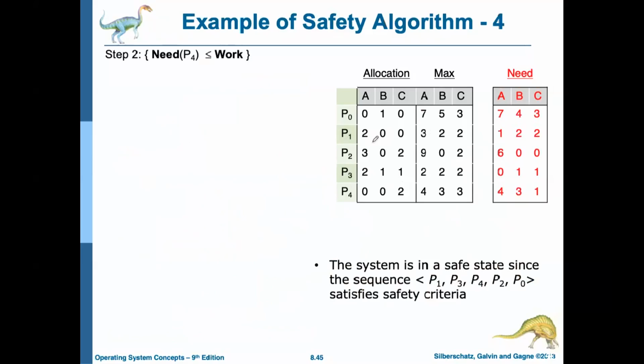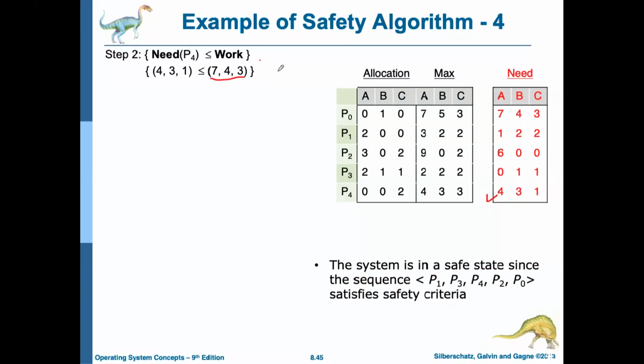So step 2, another one to proceed. Needs 4, they continue. The next is step 4. Here we look at this, 4, 3, 1. This is the need for P4. Then check the current available or work value, is it less than or equal, true or false?